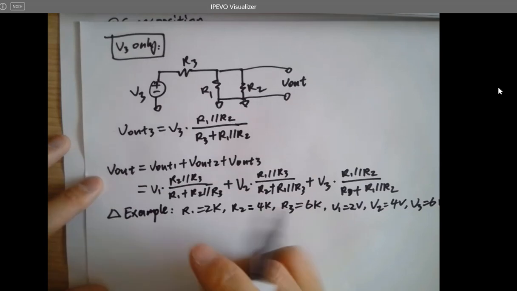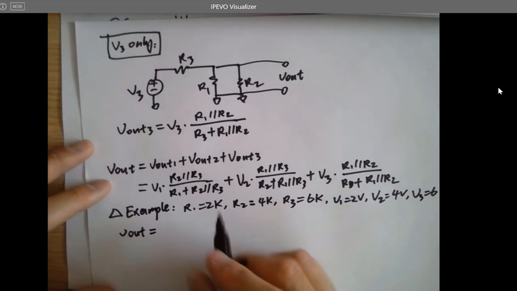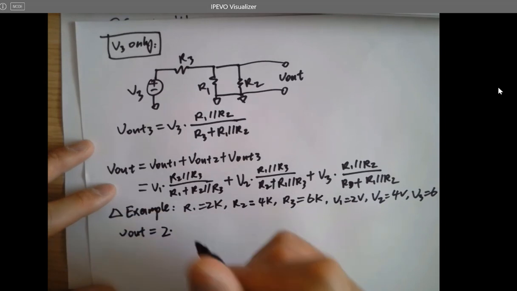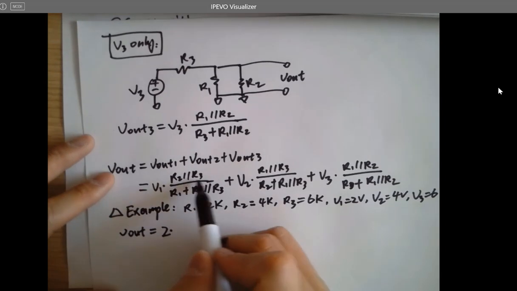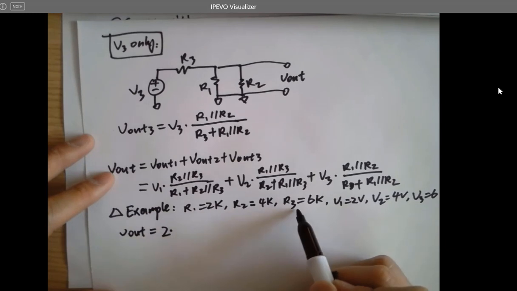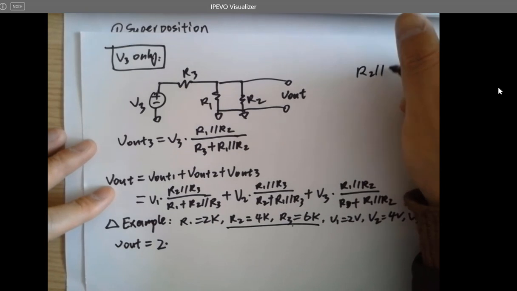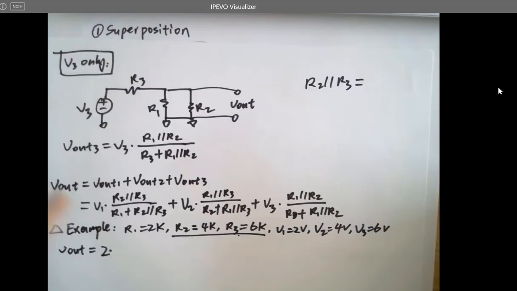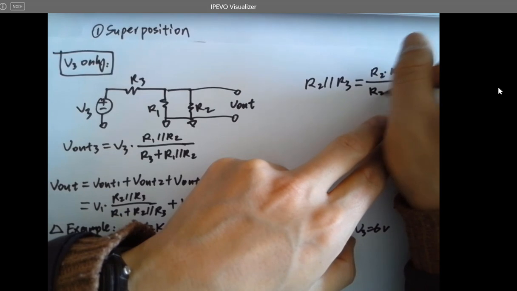Just plugging in. So VL equals V1, which is 2 volts, times R2 in parallel with R3, right? So R2 in parallel with R3 equals R2 times R3 over R2 plus R3.